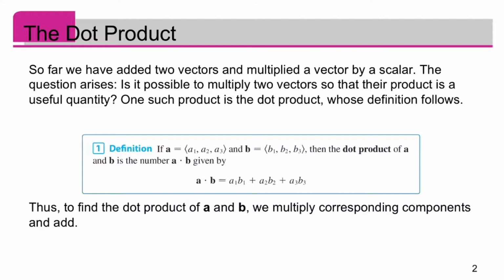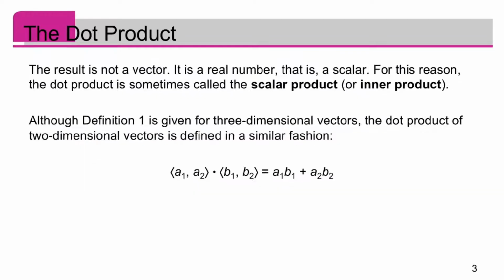Probably the easiest way to learn about the dot product is by doing it. The dot product is just what you get when you take two vectors and successively multiply their components together. Here is another version of this, for two-dimensional vectors. You can do this with any number of dimensions.